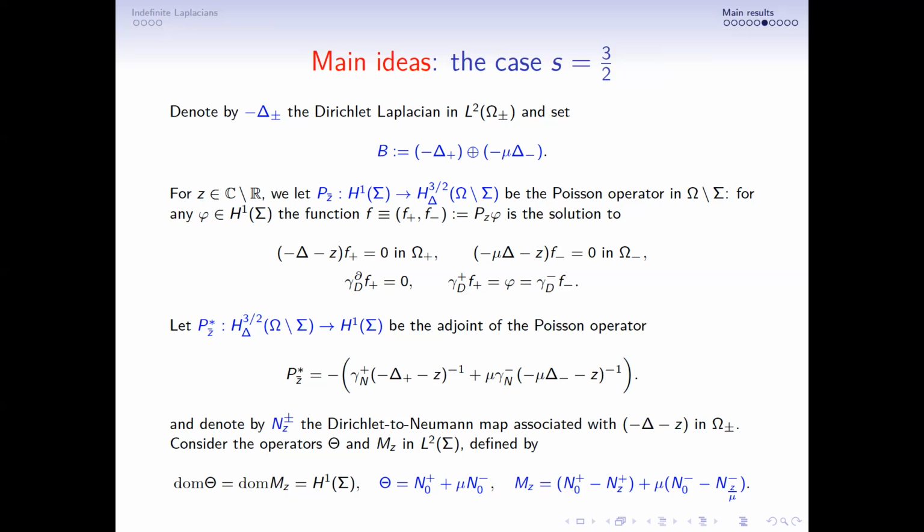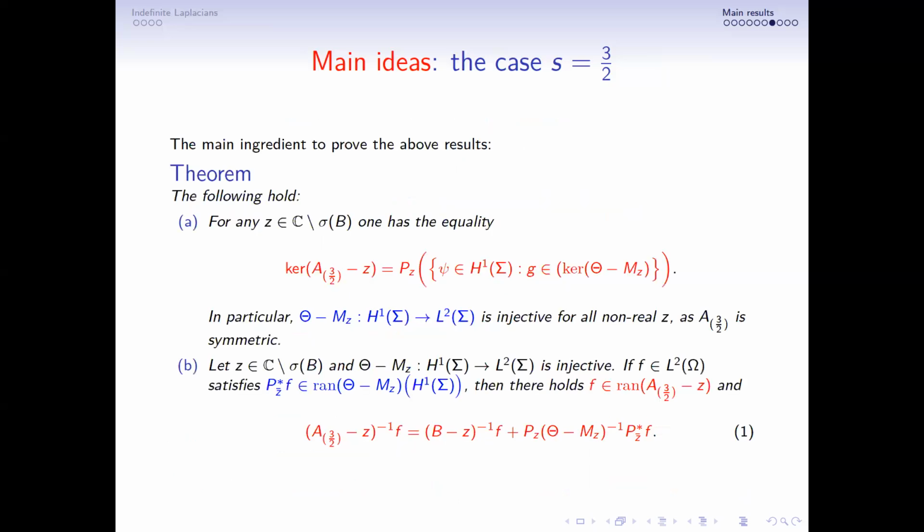Okay, so for this super regularity, one can actually use the boundary triple, but for s less than one half, we did not manage to find the boundary triple for this situation. So somehow we follow this boundary triple theory, but we prove things just by hand.